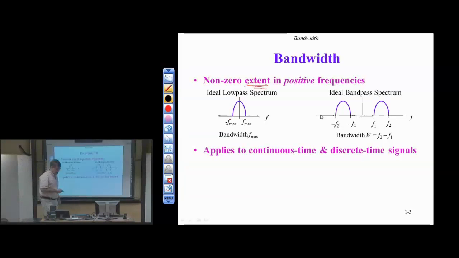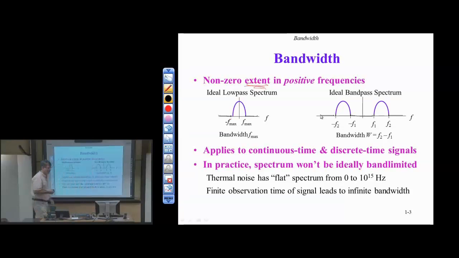Okay, so we have some concept of frequency in both domains. Now, in practice, the spectrum will not... go ahead. It's F max. Again, it's the non-zero extent in positive frequencies, so we just look at what happens in positive frequencies, and the extent is from 0 to F max. That width is F max. Whereas in the bandpass case, it's F2 minus F1.